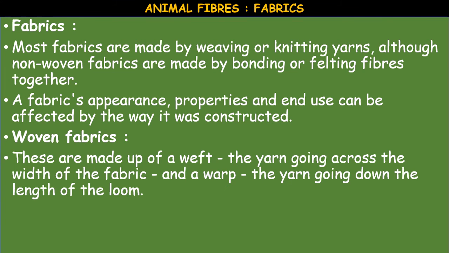Woven fabrics are made up of a weft, the yarn going across the width of the fabric, and a warp, the yarn going down the length of the loom. Lengthwise and breadthwise fibers are arranged in a weaving machine.